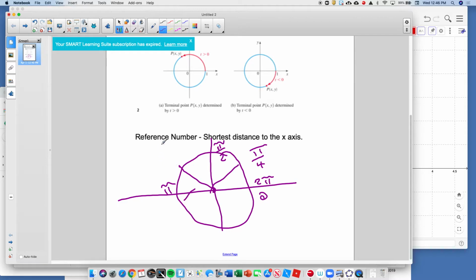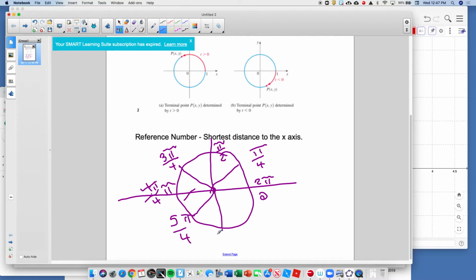The next division is going to be 3 pi over 4. And then this one is 4 pi over 4, which reduces to just pi. And then the next division of pi's over 4, so if that's 4 pi over 4, this is 5 pi over 4.